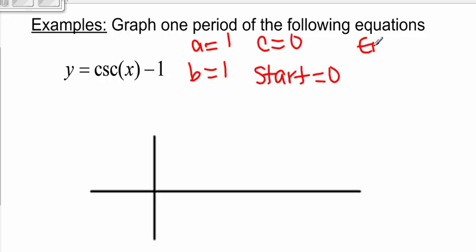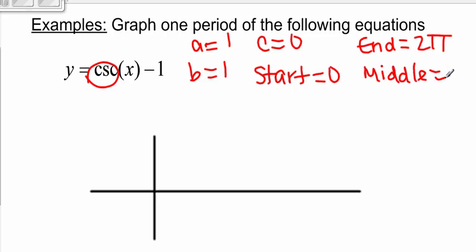My end is going to end at the period of cosecant, which is just 2 pi, because our B is 1, so we divide 2 pi by 1 and we get 2 pi, and our middle would be pi. Okay, because 2 pi plus 0 divided by 2 is just pi.